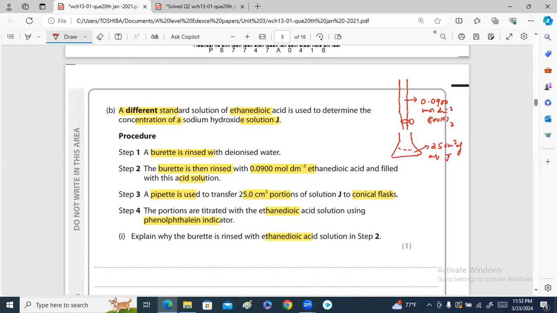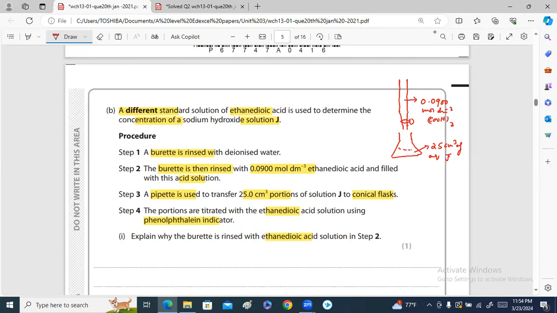A pipette is used to transfer 25 centimeter cube portion of the solution J into the conical flask. Then the 0.0900 moles per dm cube solution was shifted into the burette. The portions are titrated with the ethane dioic acid solution using phenolphthalein as an indicator.